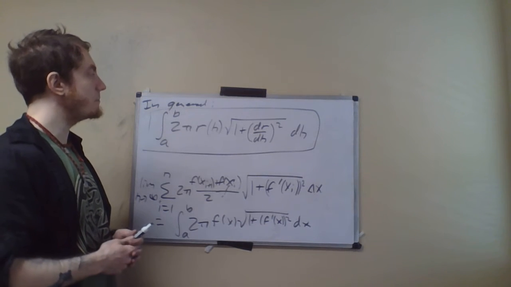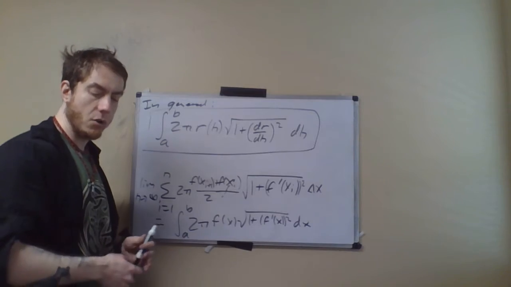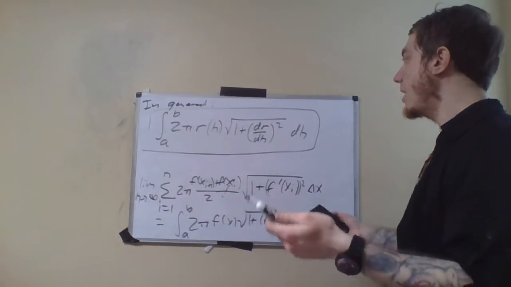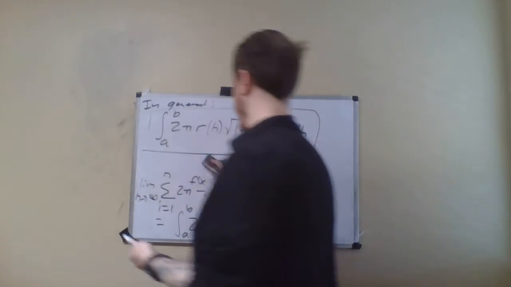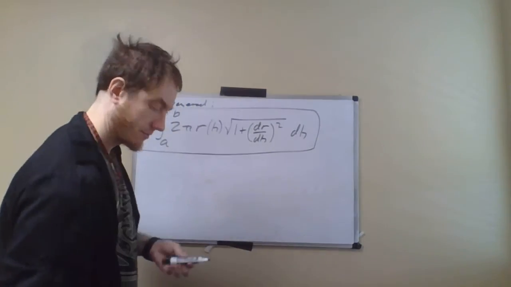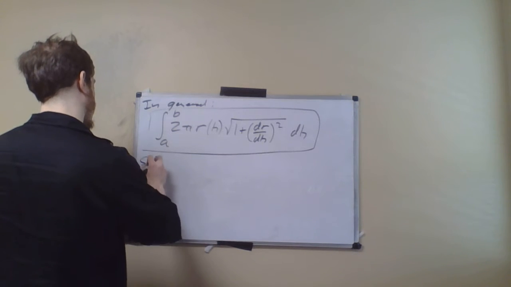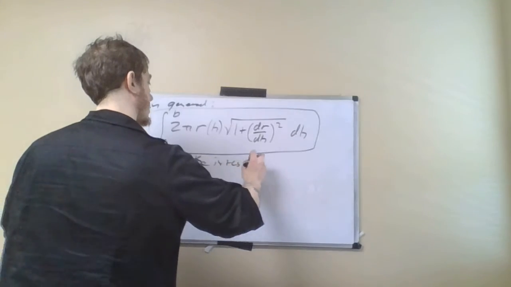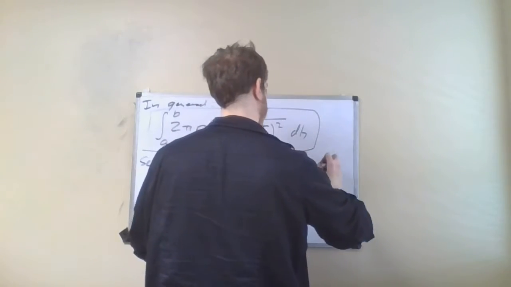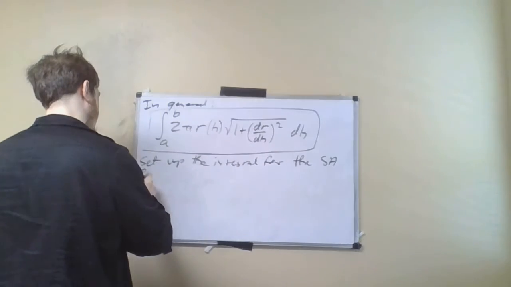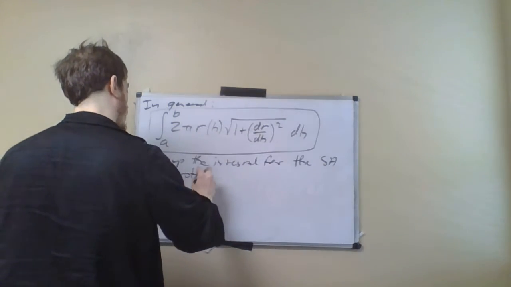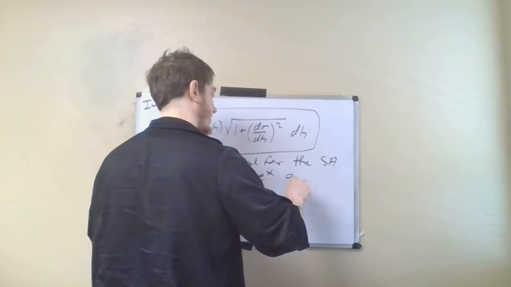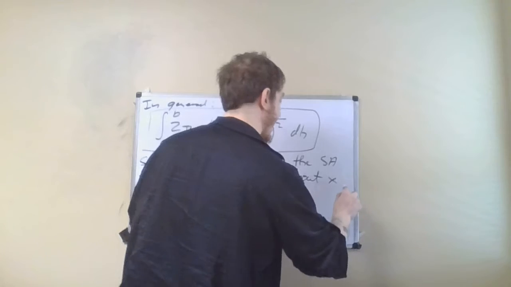So as an example of this kind of stuff, maybe we want to set up an integral for the surface area from rotating y equals e to the x about the x-axis.